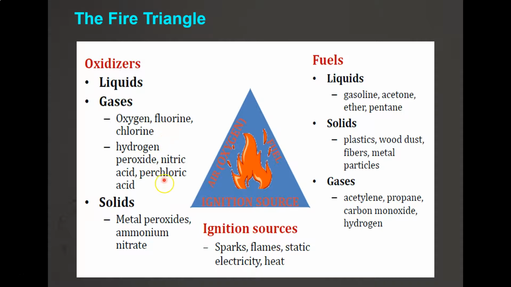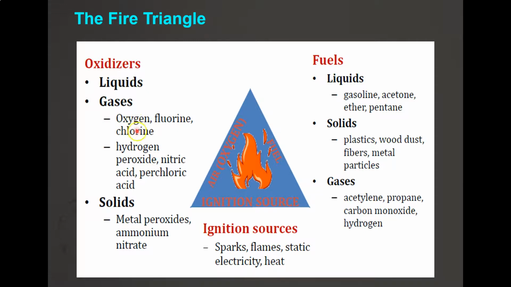These are a few examples of oxidizers in terms of gases and solids, such as hydrogen peroxide, metal peroxide, chlorine, oxygen, and so on. It does not only depend on oxygen.